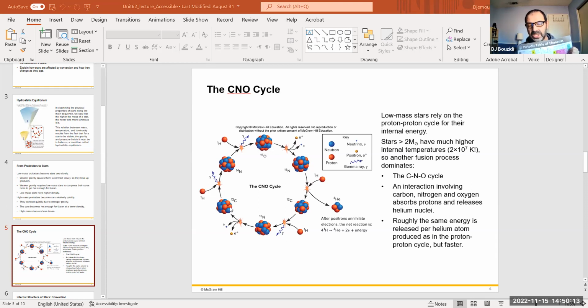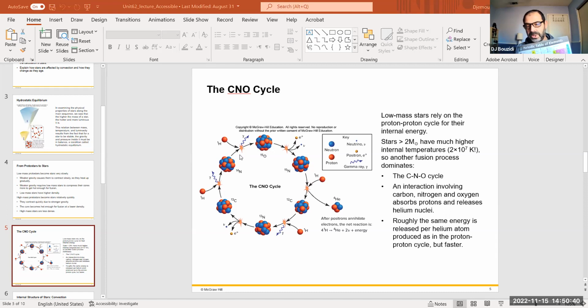When it captures a proton again, it moves on the periodic table from carbon back to nitrogen, because now it has one more proton. And this is the normal nitrogen, the one that you see in the periodic table. That has 14 nucleons, namely 7 protons and 7 neutrons.